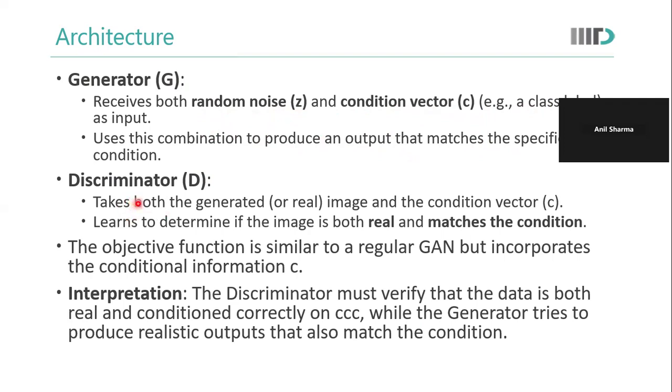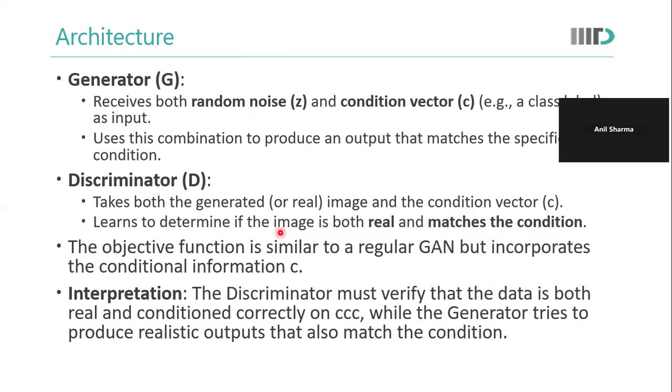The discriminator takes both the generated or the real image and the condition vector as the input, and learns to determine if the image is both real and matches the condition. So the discriminator's goal is not only to say whether the generated image is real or not, but also, taking the example of a dog, to say that the image is real and it indeed matches the dog.